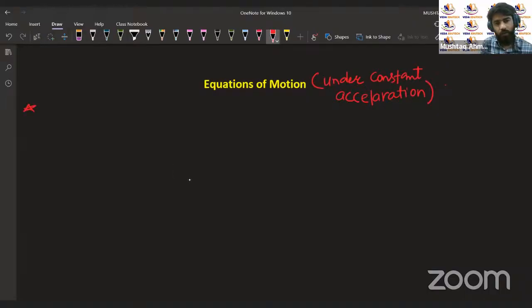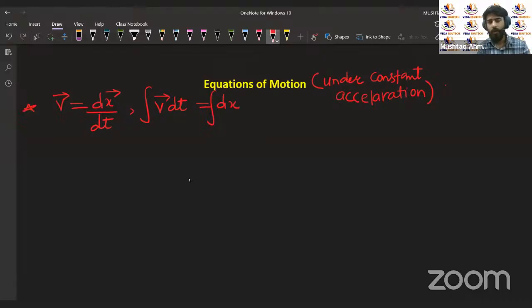So we know that velocity is defined as dx over dt, where x is the position vector. And if we have to calculate the displacement, or the position vector, what we can do is integrate this velocity vector with respect to time. Integrating the velocity vector with respect to time gives us the displacement vector.